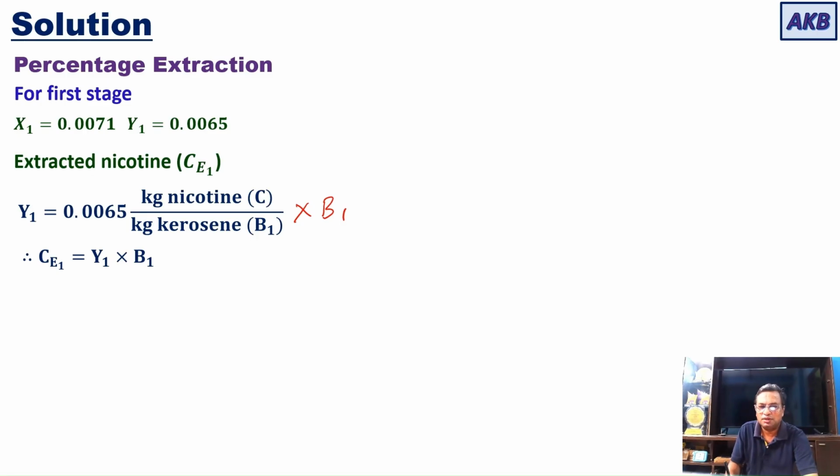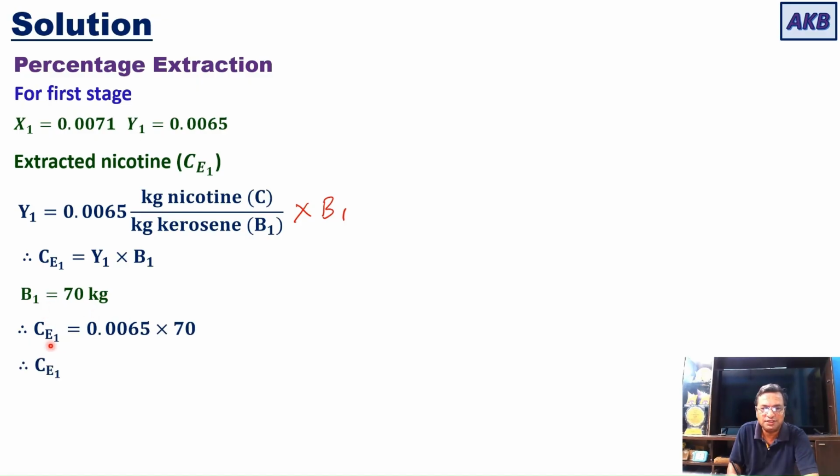And we know the quantity of kerosene, the quantity B1 is known to us. So you can easily get kg of nicotine in the extract phase. So CE1, the kg of nicotine extracted in the first stage, is equal to Y1 into B1, because if it is per kg kerosene, and I multiply with kg of kerosene, I will get kg of nicotine. So CE1 will be equal to capital Y1 into B1.